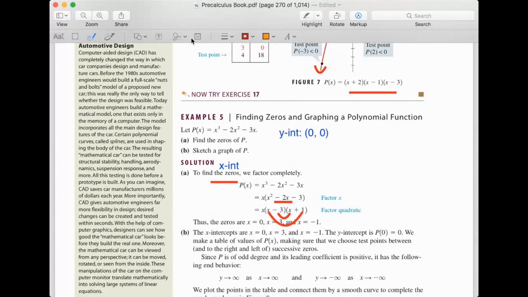So we get 3 zeros, 3 x-intercepts: 0, 0, which is also the y-intercept, negative 1, 0, and 3, 0.